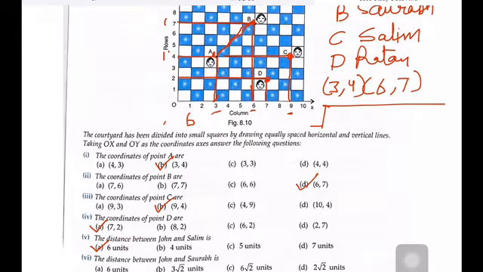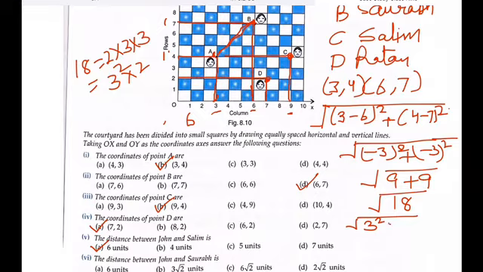Root of the difference of the x coordinates squared plus the difference of the y coordinates squared. So it will be root of minus 3 square plus again minus 3 square. So it will be root of 9 plus 9, as the negative becomes positive on squaring. So it will be root of 18.